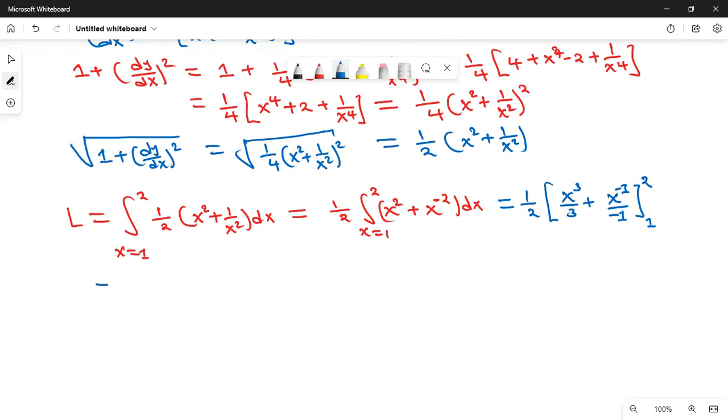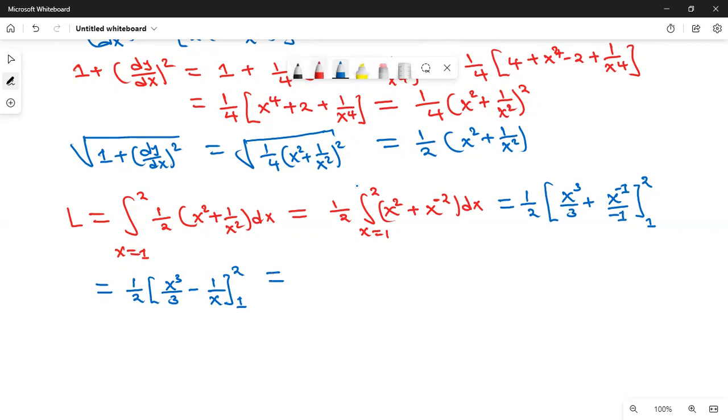And so you can also write this as 1 over 2 times x cubed over 3 minus 1 over x, from 1 to 2. Let's plug in the limits.